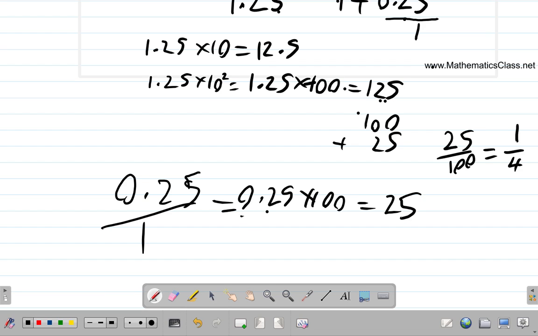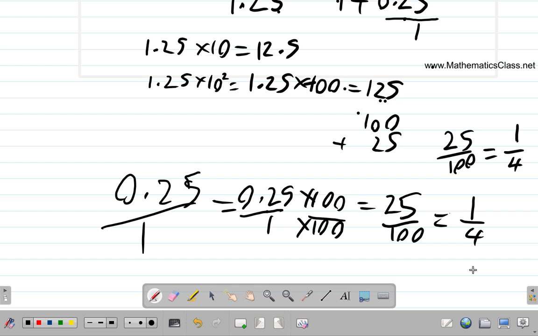But I must multiply the 1 under here by 100 too, and I get 100. And 25 out of 100 is the same as 1 to 4. So 0.25 is the same as a quarter.